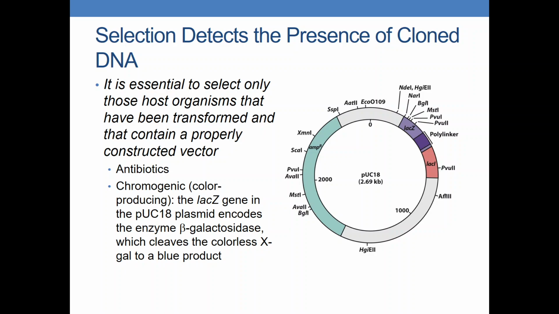You need some way to select for bacteria that contain your plasmid versus those that don't. So here, it is going to be essential to select only your host organisms that have been transformed and contain a properly constructed vector. So we're going to talk about two general approaches to do this: the antibiotic selective pressure, and a chromogenic approach. So we're going to talk about these separately now.